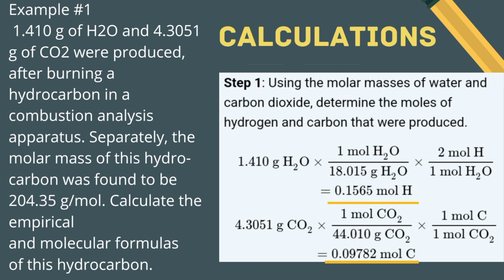So 1.410 grams of H2O times 1 mole of H2O over 18.15 grams of H2O times 2 moles of hydrogen over 1 mole of water. So here, the values of water and carbon dioxide are already given. The process is to write down first the values of H2O and carbon dioxide, which are already in the given.